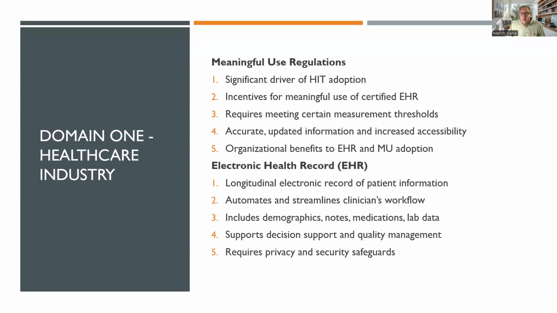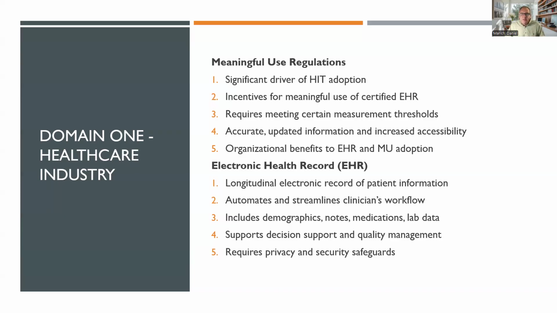This was part of the initial exam, the first midterm. This is all about providing incentives for organizations to use electronic health records and to adopt certain technologies. If they do so, then they actually get benefits or get discounts from Medicaid, Medicare.